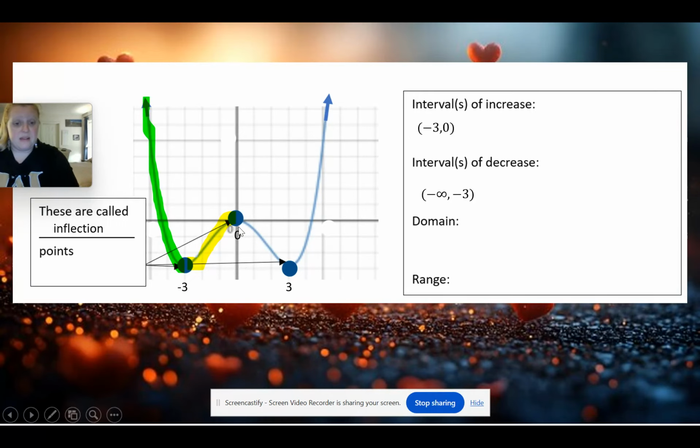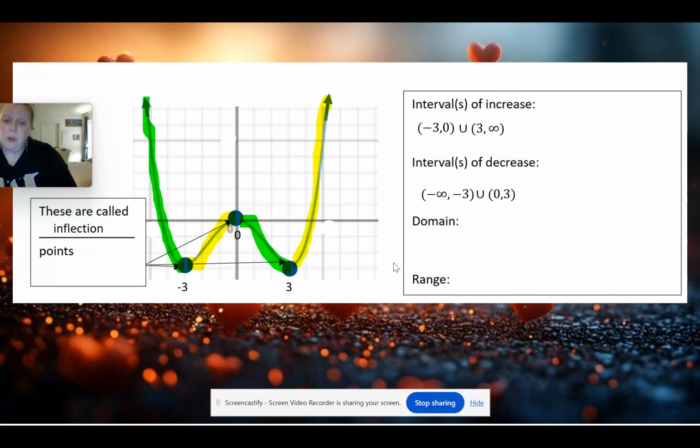And then from that 0 to this 3, between that time frame is another decrease. So when we have to add more intervals, we're going to use a union symbol to specify we have more things in addition to this. And then we'll end the story as an increase. So from 3 and on to the right forever, we have an increase.